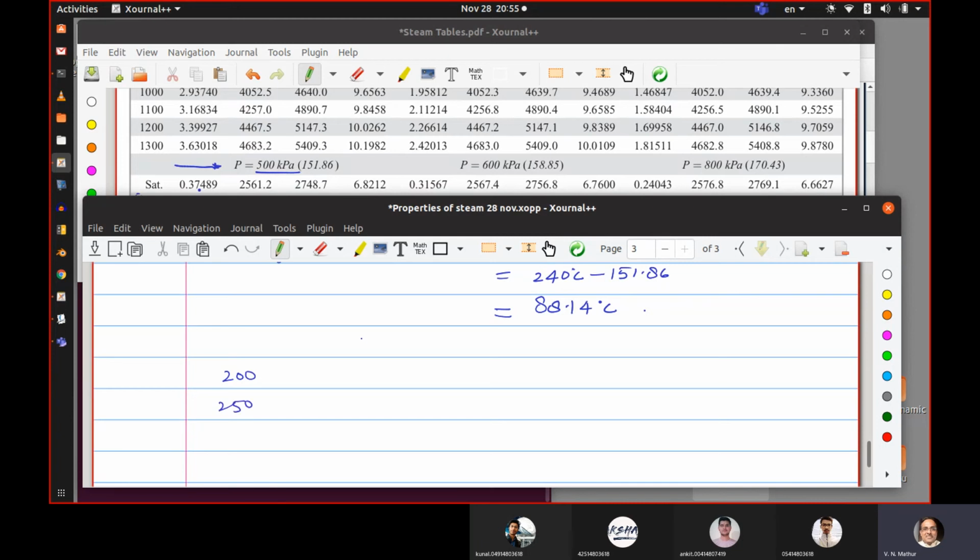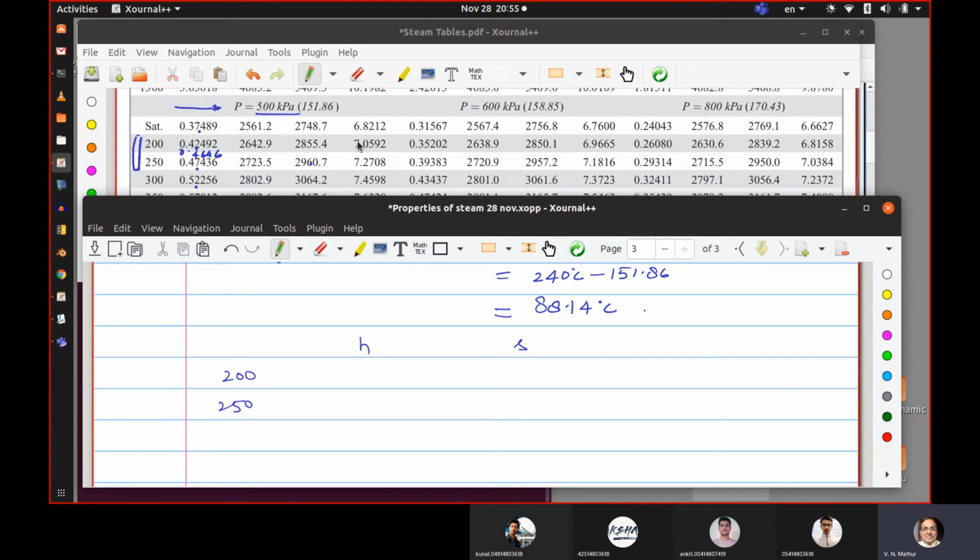We'll write here the values of enthalpy, and internal energy has not been asked, and entropy corresponding to these two values.